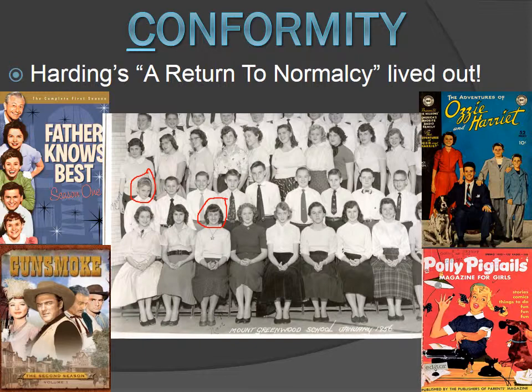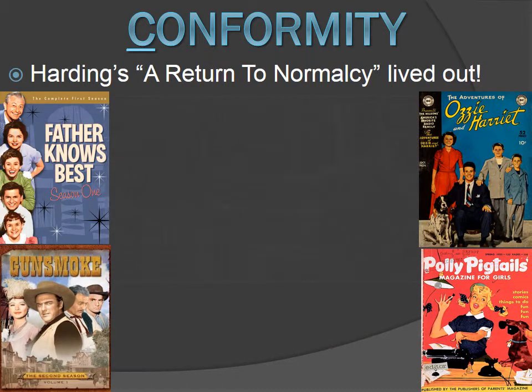They all have almost the same length dresses, and they all have the same type of shirt on, and all the boys are in ties for the most part. And so it does lend itself that you were not supposed to show a difference. And so it's definitely a unique time in American lifestyle. A lot of people harken back to the 50s of how well it was to live during this time period.